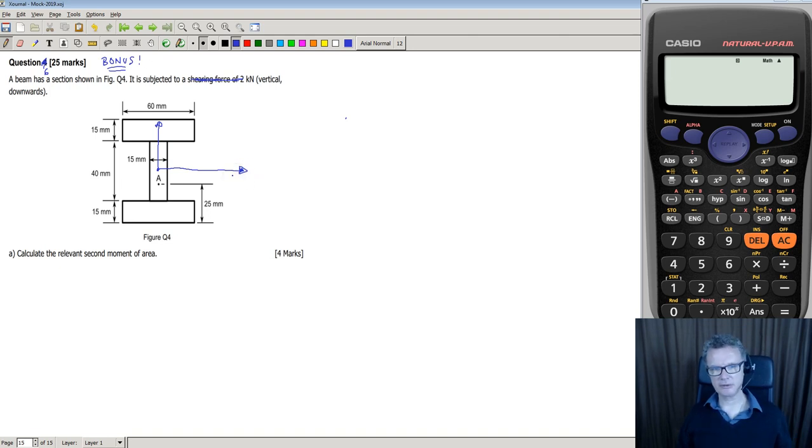So I'm going to have X pointing at me, Y going left to right, Z going upwards. Y and Z. And I'll put the bending moment going off in this direction here.